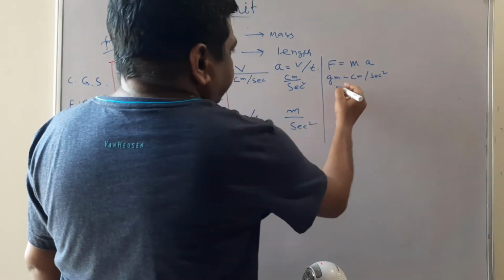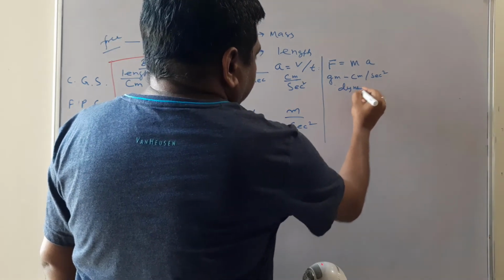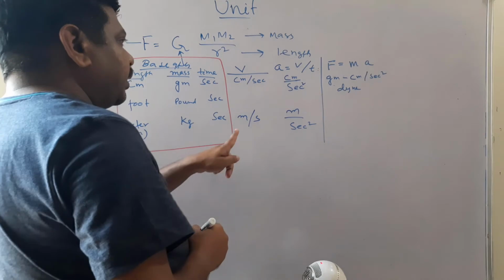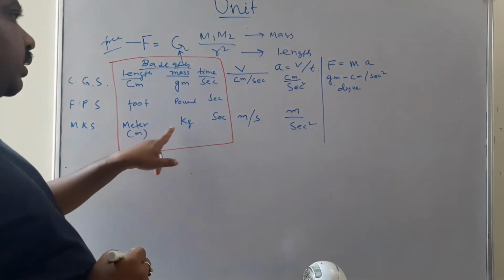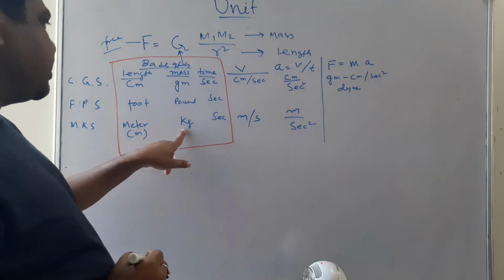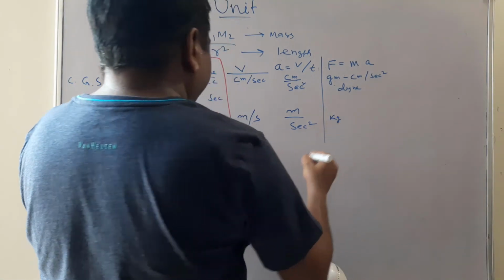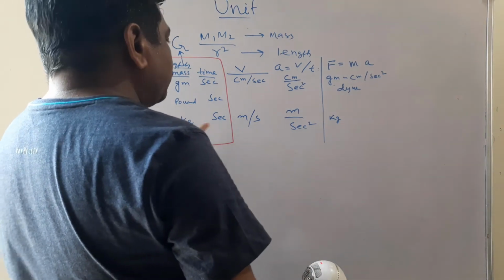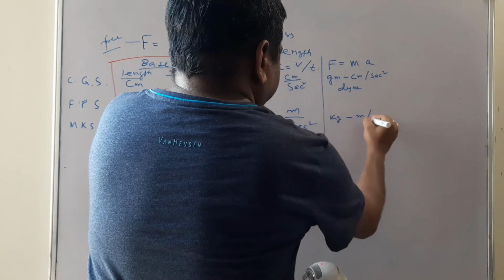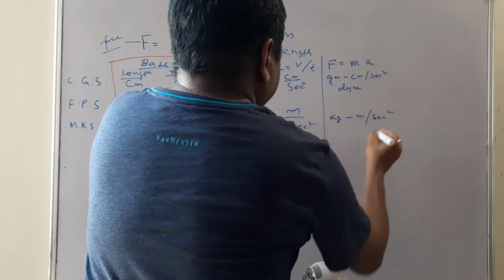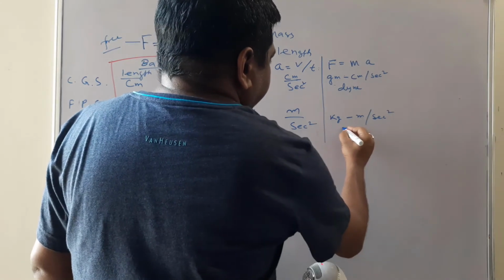It has another name, it's called dyne. And in MKS, mass is kg into acceleration, so kg meter per second square, right? And it has another name, Newton.